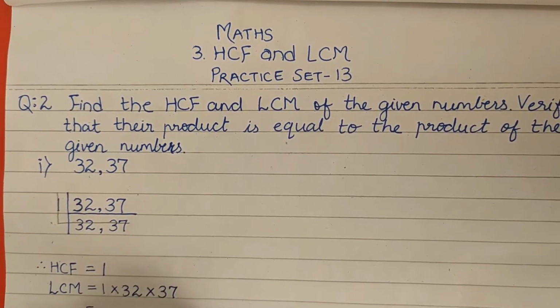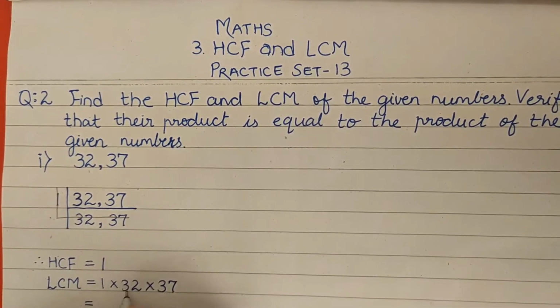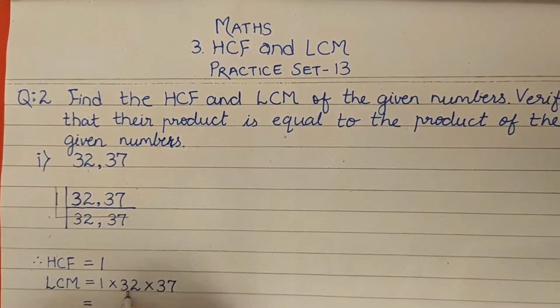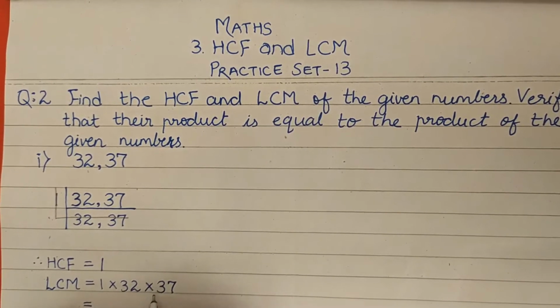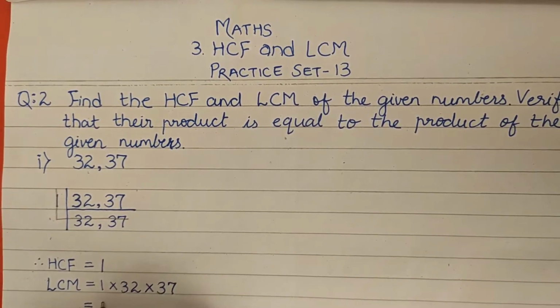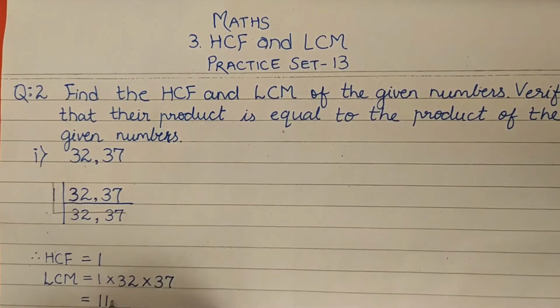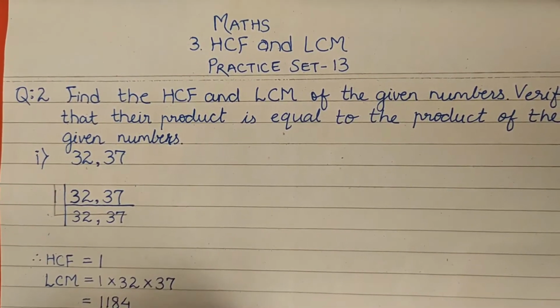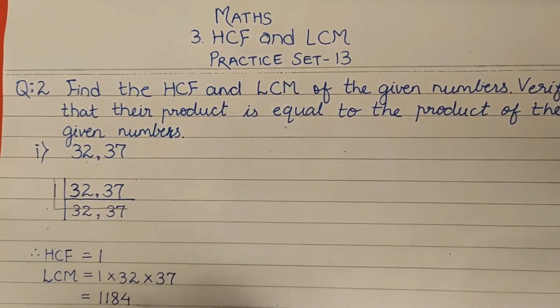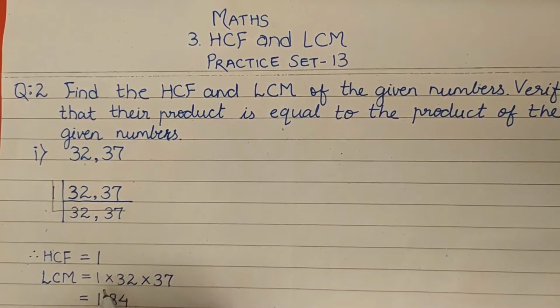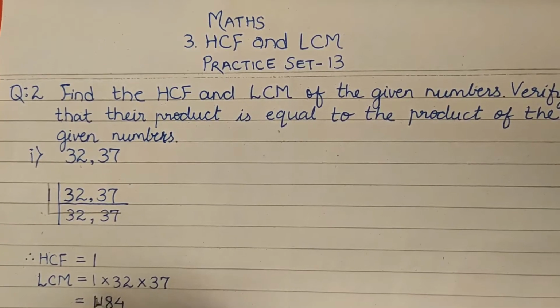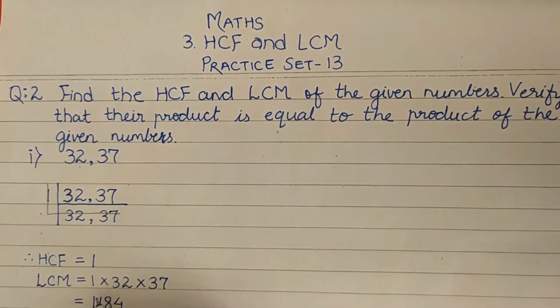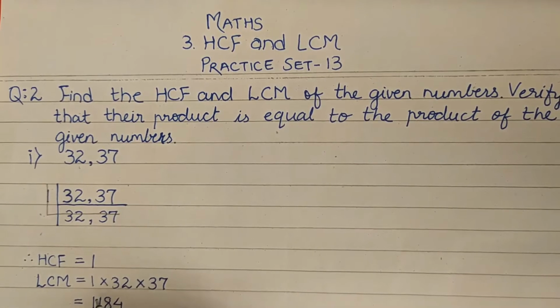Let's multiply them. 1 into 32 is 32. 32 into 37 is 1184. Now in this sum, along with finding out HCF and LCM, we have to also verify the relation: product of two numbers is equals to HCF into LCM.